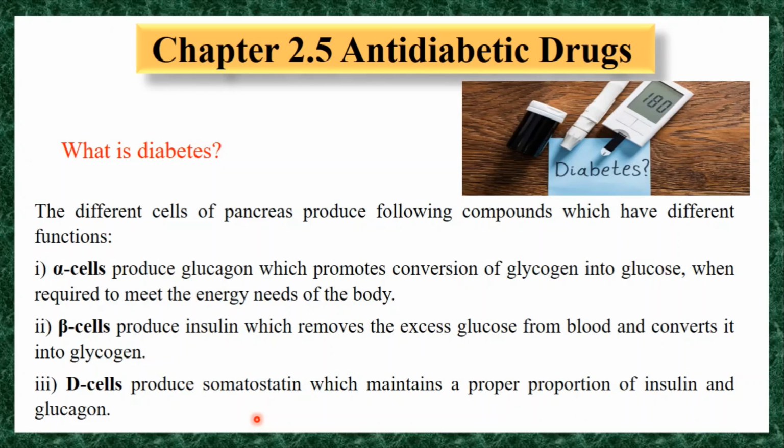So in a normal person, what happens? There is a coordination in the functioning of these cells, that is alpha, beta, and D cells. But due to the onset of diabetes, this equilibrium is disturbed, as the insulin is not produced or it is insufficient.